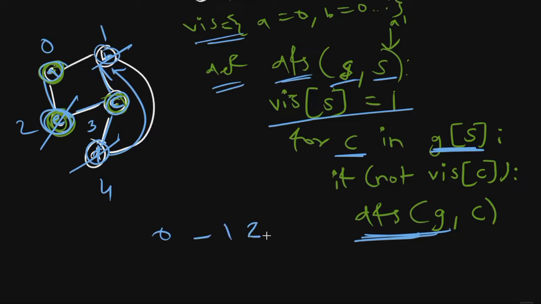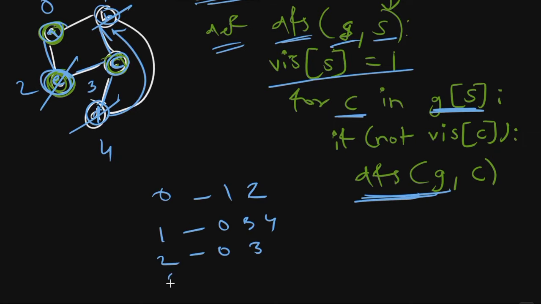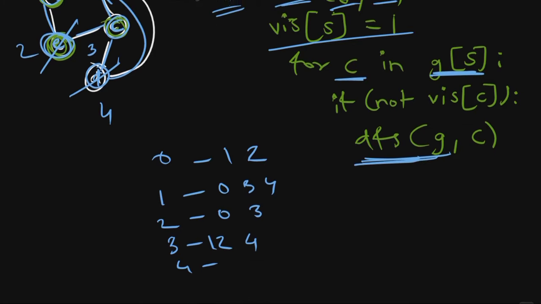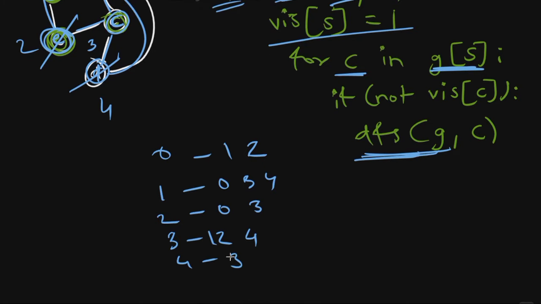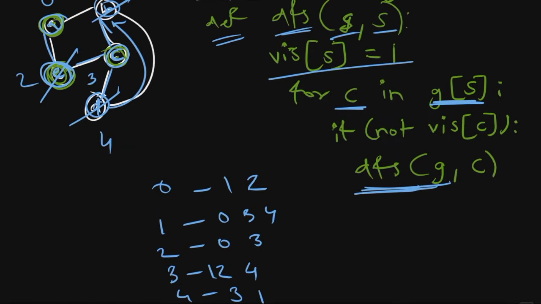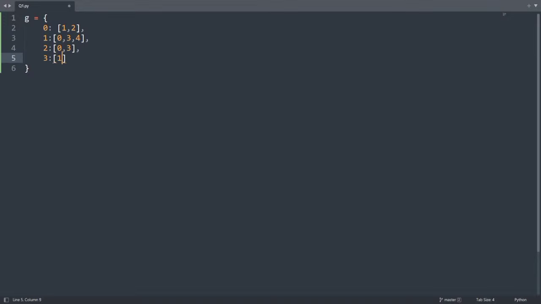So 0 is connected to 1 and 2, 1 is connected to 0, 3 and 4. 2 is connected to 0 and 3. 3 is connected to 1, 2 and 4. 4 is connected to 3 and 1. Okay, so this should be the graph.